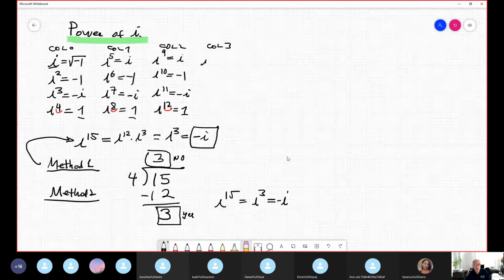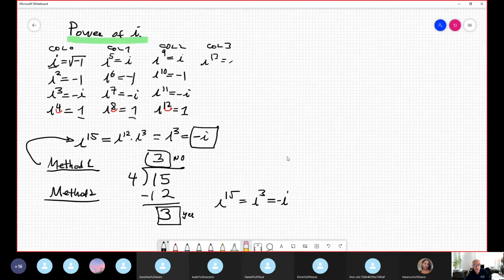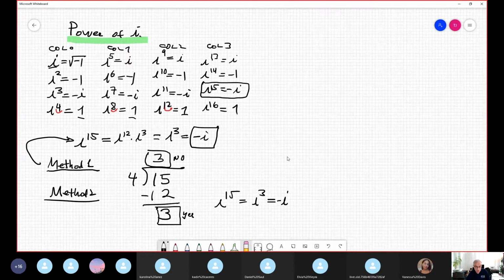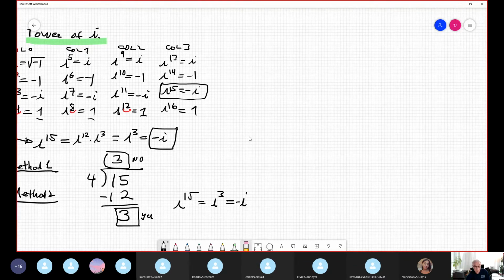Column 3 is I to the 13, I to the 14, which is negative 1, I to the 15, which is exactly the thing that we are doing, is negative I. I got it, right? And I to the 16 obviously is 1. Okay? Let's practice. Do you understand? Divide by 4 and take the remainder. That's it. That was example 1 of the power of I.